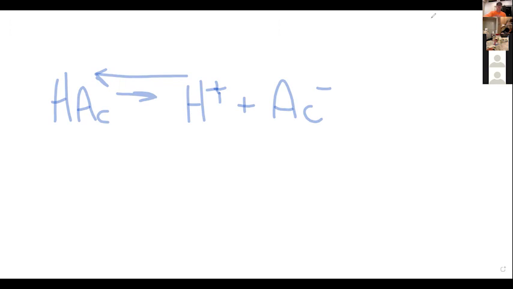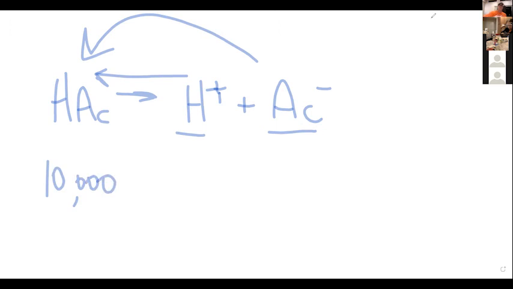So most of the time, if you have H plus and acetate in solution, they will go back and reform acetic acid. At any one time, out of about 10,000 molecules, only 2 of them have dissociated into H plus and an acetate ion.